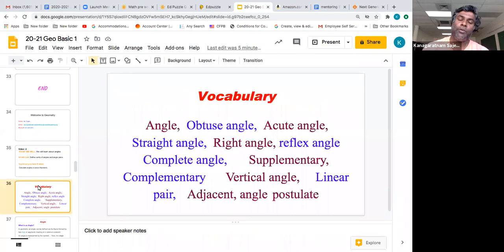Here is some vocabulary: angle, obtuse angle, acute angle, straight angle, right angle, reflex angle, complete angle, supplementary angle, complementary angle, vertical angle, linear pair, adjacent, and some angle postulates. This is what we're going to look into today.